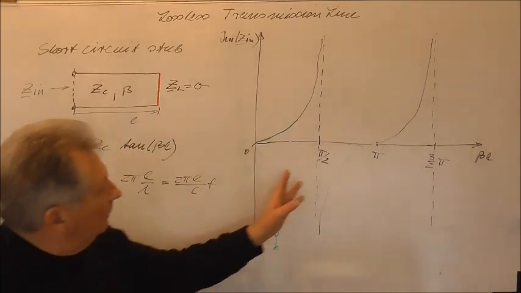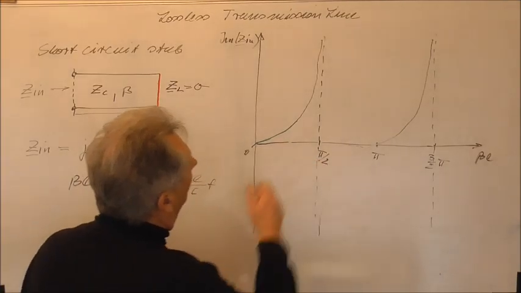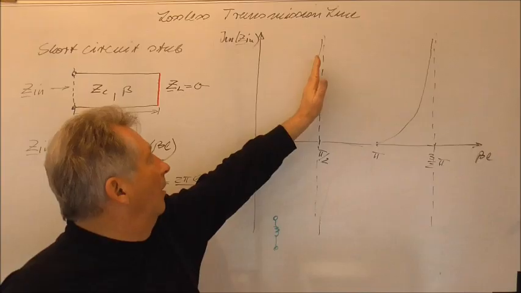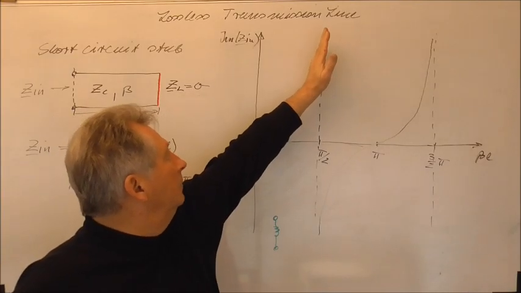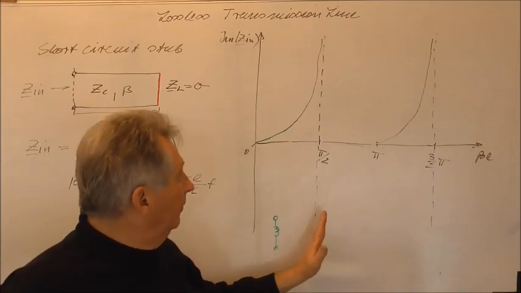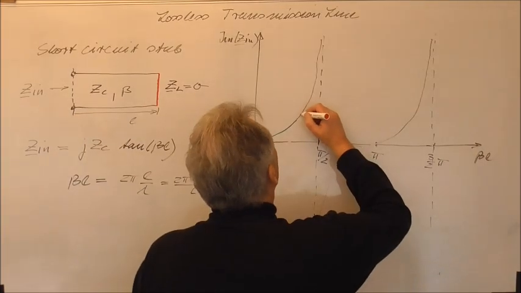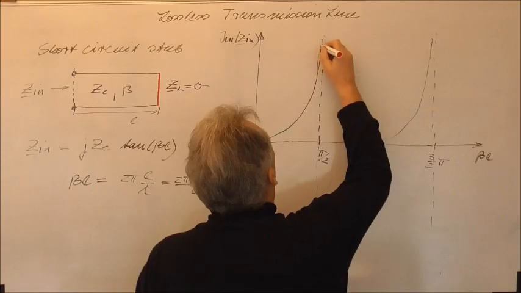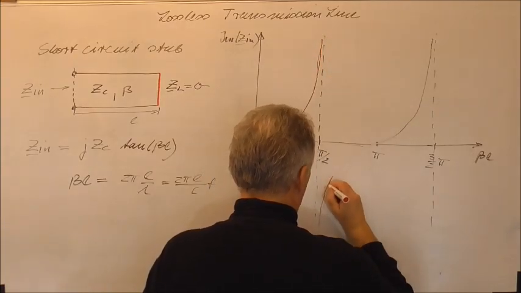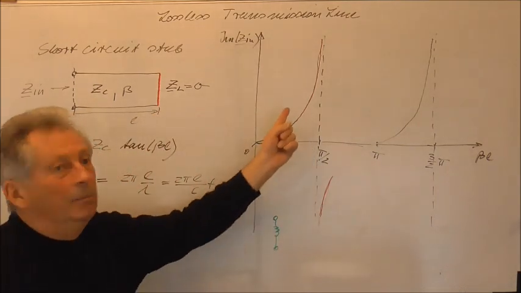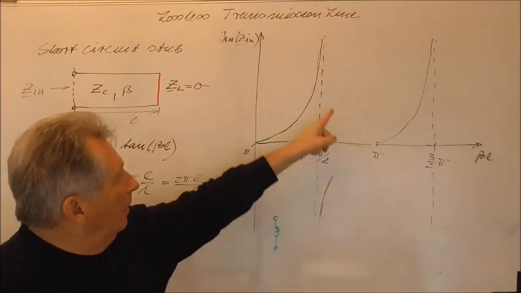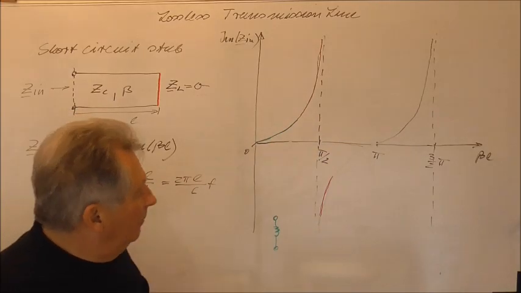And then at pi over 2 it undergoes a transition from a positive imaginary part to a negative imaginary part. So in this region roundabout we must think which of the lumped elements has approximately the same behavior.